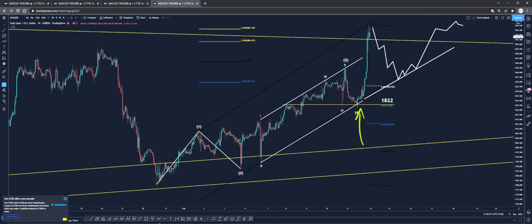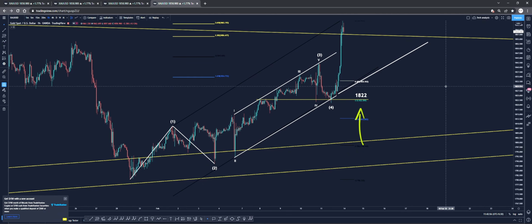Or if we make a top at this 2.61 projection, then the retracement can break this lower trendline, and you can start selling on a retest of this lower trendline. Our first retracement target and horizontal support is 1822. Before that, there is no support on the H1 time frame.